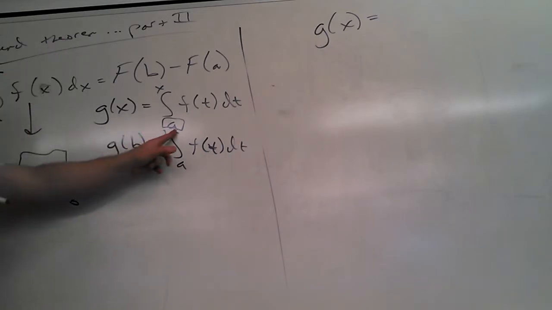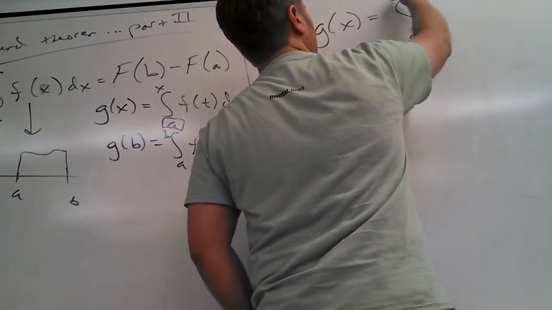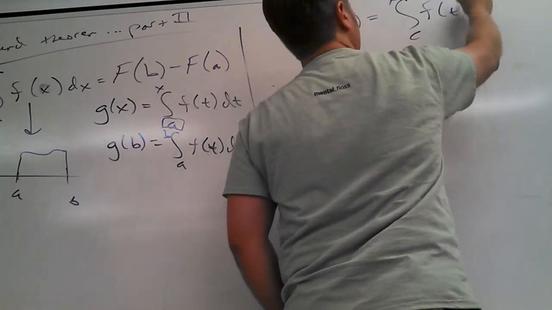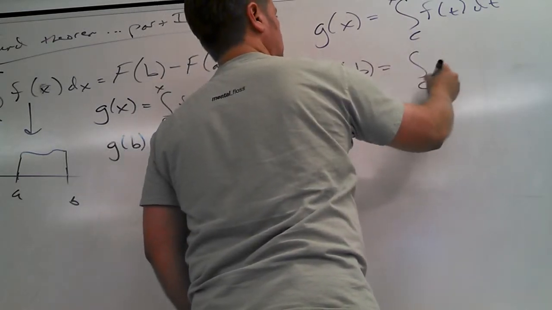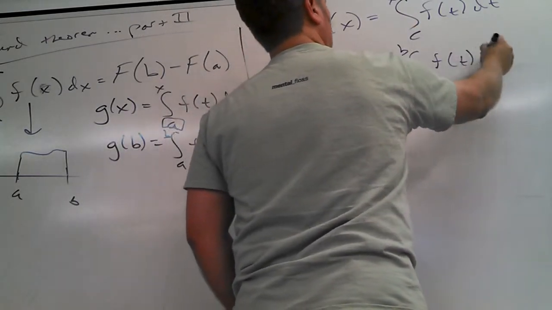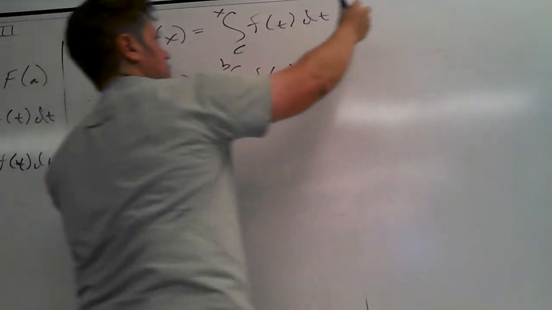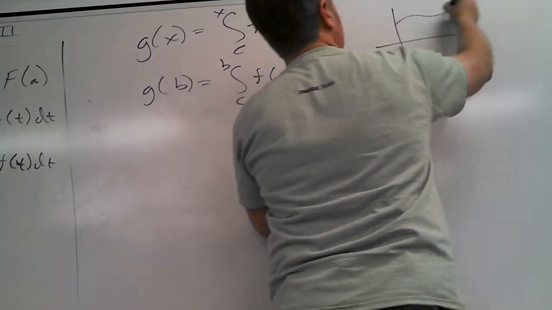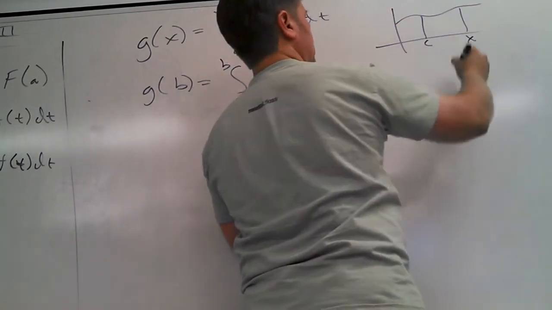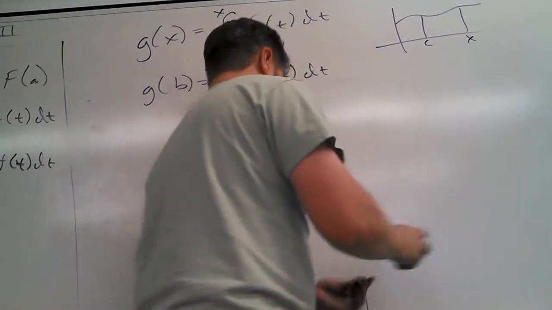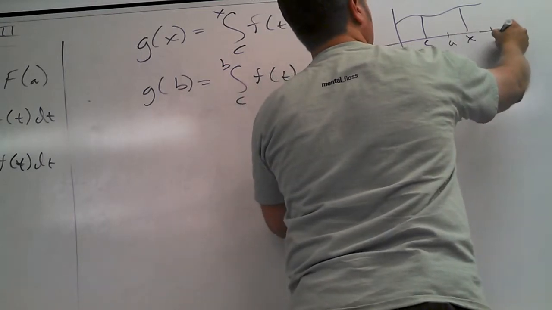So I want g of x to not be dependent on a. So what I'm going to say is g of x is equal to this. So g of b is equal to this. So it kind of catches up to what's going on. So we have this function, this f of t. G of x goes from c to some point x. Now I have my points a and my points b.